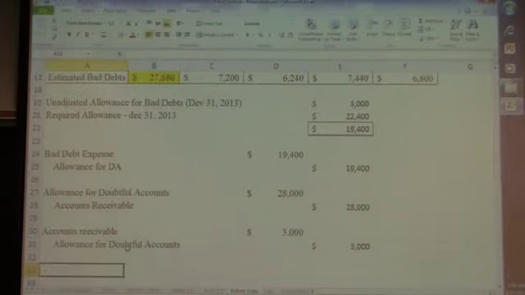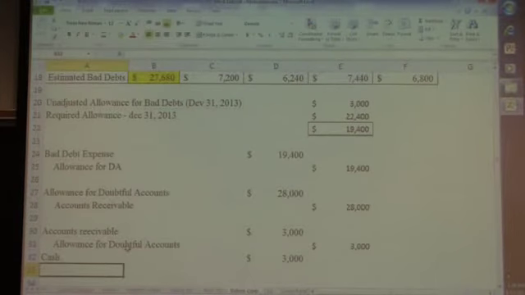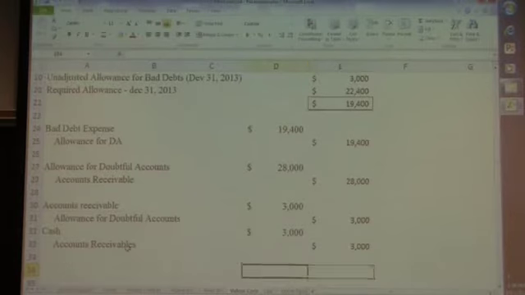And then you would debit cash for $3,000, because that's how much you have now collected, and credit the accounts receivable for $3,000 to account for that difference.